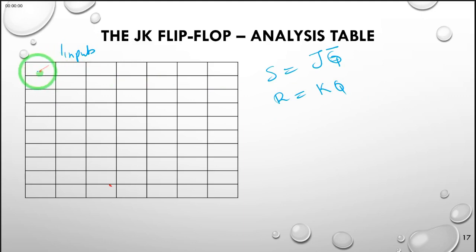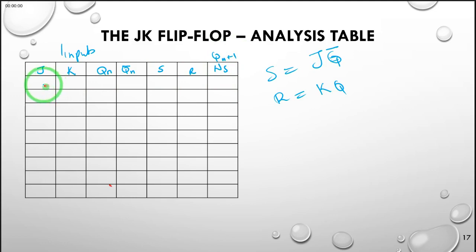So we have input J, input K, the present state Q, which we can call Qn, and Q bar, Qn bar. Then we have S and R, which are the outputs of these gates. Then we ask what the next state will be, measured by Qn plus 1.